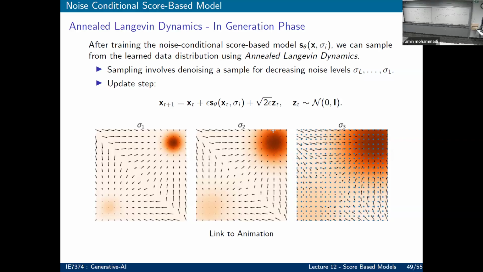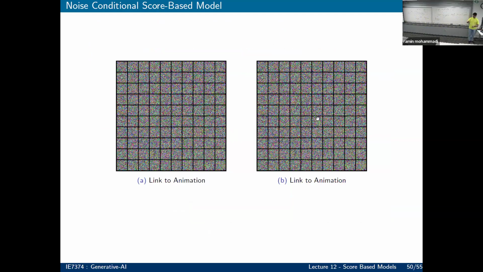The score is the arrow that tells you which direction to go, which helps with the denoising process. It tells you that if you go in this direction, it has a more compact distribution. So that becomes the denoising process. As you gradually remove the noise, this is what you will see. Those are pure noise, okay?